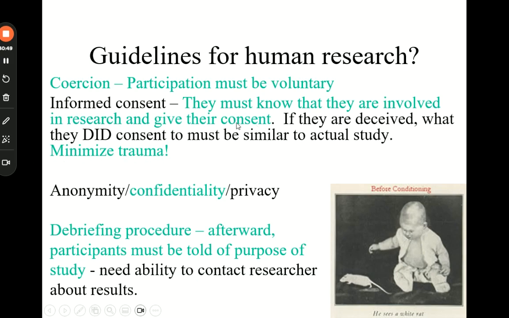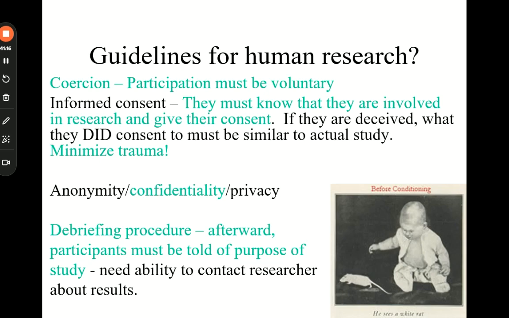You don't want to hurt people psychologically or physically. You must have confidentiality. You don't want to do a study and then publish it in a local newspaper with everybody's names who participated. That is a violation of people's privacy. You cannot do that.